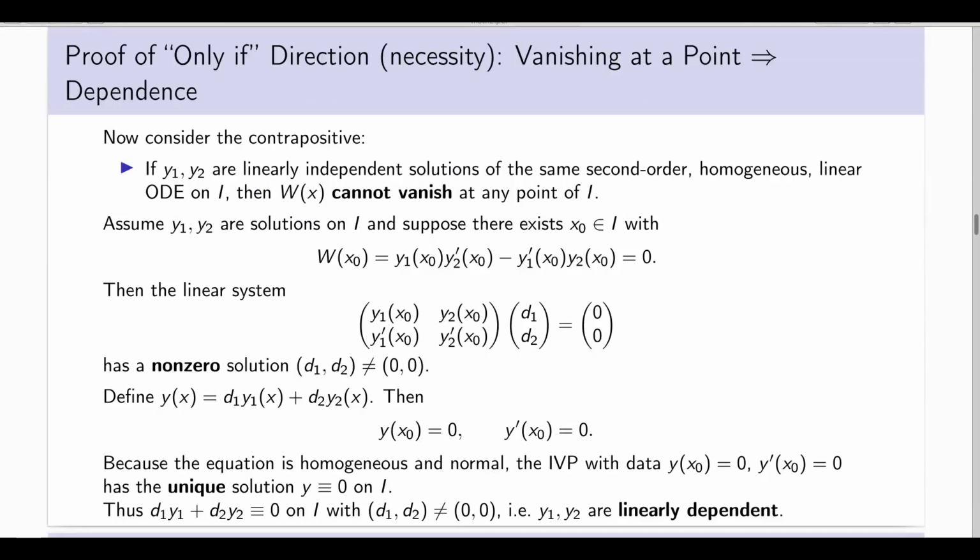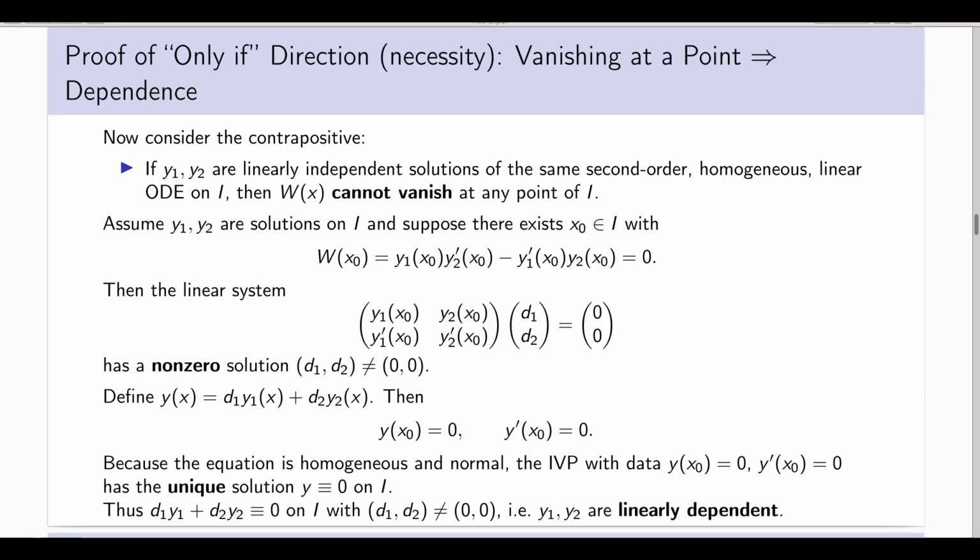Conversely, if y1 and y2 are linearly independent, then their Wronskian can never vanish anywhere on the interval. For suppose it does vanish at some point x0. Then the linear system built from the values and derivatives of y1 and y2 would have a non-zero solution for d1 and d2, meaning the linear combination d1y1 plus d2y2 satisfies y equals 0 and y prime equals 0 at that point.